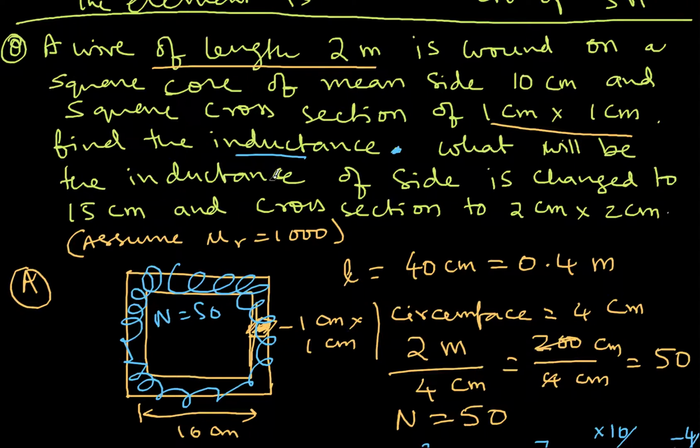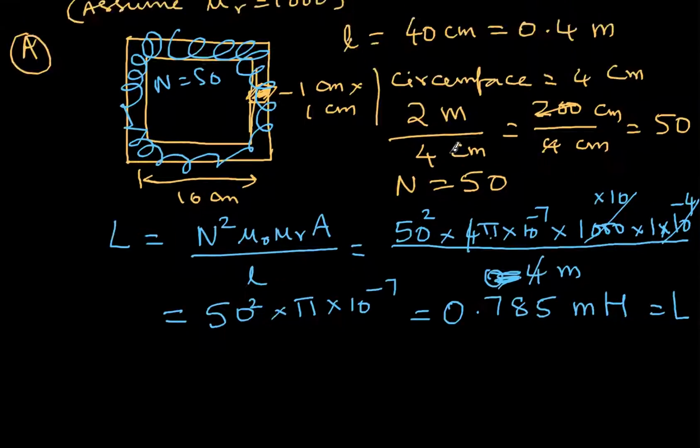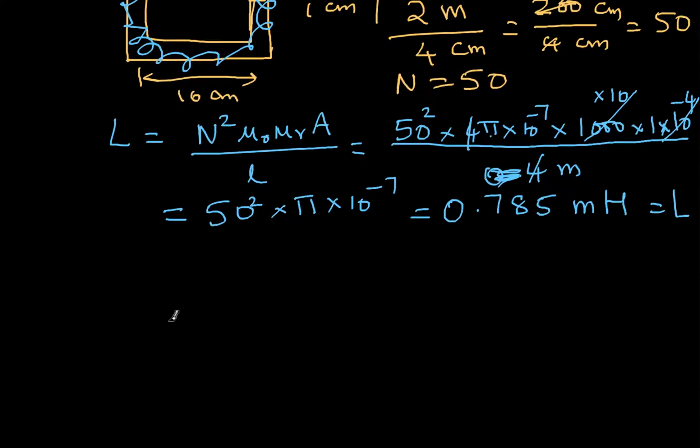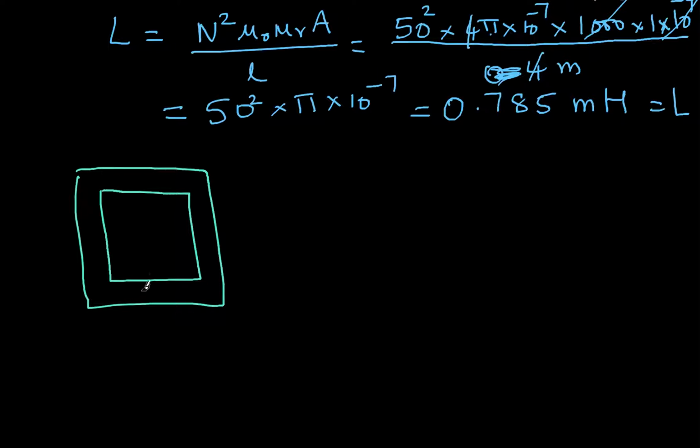What will be the inductance if the side is changed to 15 centimeters and the cross section to 2 centimeter by 2 centimeter? The same wire is now going onto a different core. So if the side is changed to 15 centimeters, I roughly draw the figure here. Now the side is 15 centimeters and the cross section area is 2 centimeters by 2 centimeters.